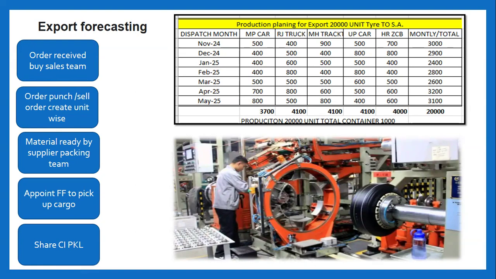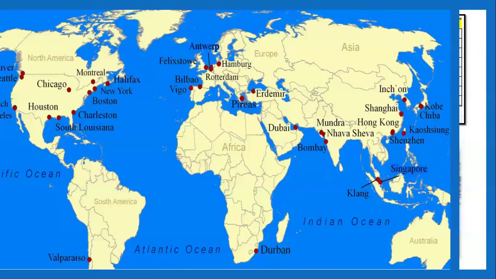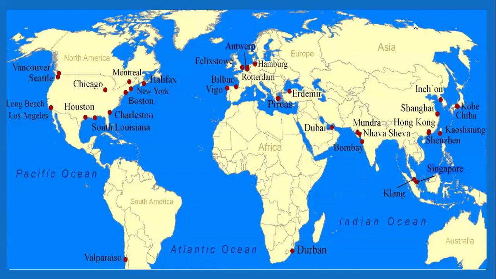On the basis of that, they get a booking from the shipping line and they report the empty container to the factory for stuffing. Okay, so now in this session we will understand the next step after the goods are ready, to dispatch the goods from India's different locations to South America.